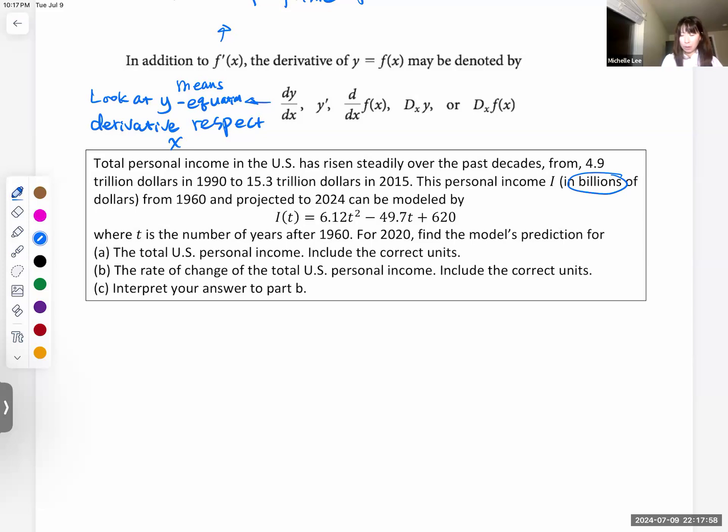For 2020, find the model's prediction for A, the total US personal income. Okay, so A, let's do it.